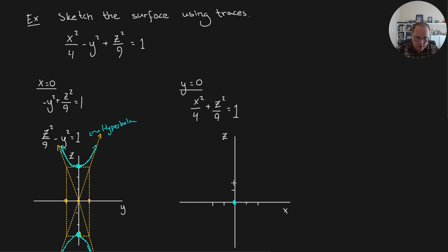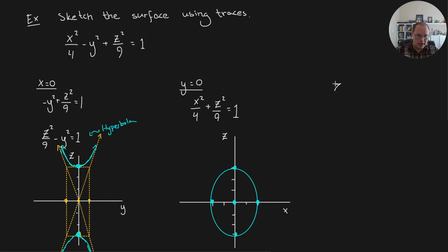Right? 3 units in each direction from the center in the z direction. Because I recognize, of course, this is an ellipse. And I know how to plot an ellipse when it's in standard form. And there we go. That is what this is going to look like in the xz plane.